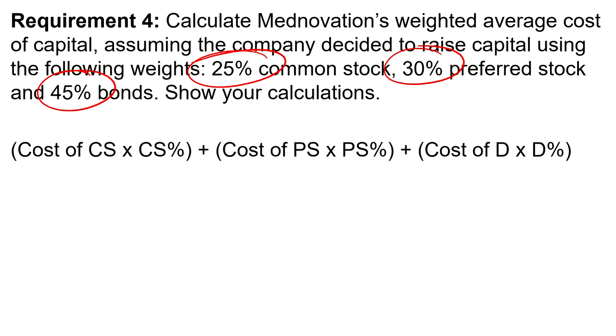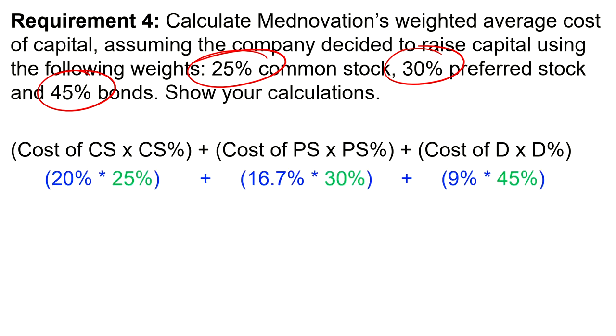And if you did the calculation correctly with those incorrect numbers, you will get credit for this requirement. So they're not going to penalize you twice if you missed calculating in the second requirement.